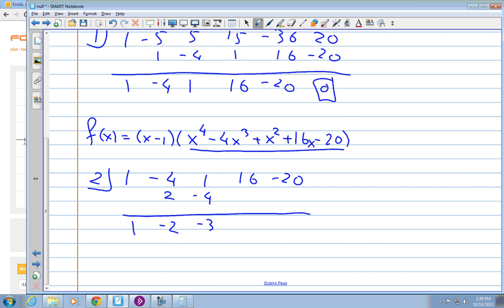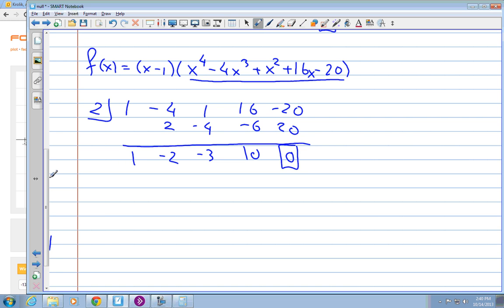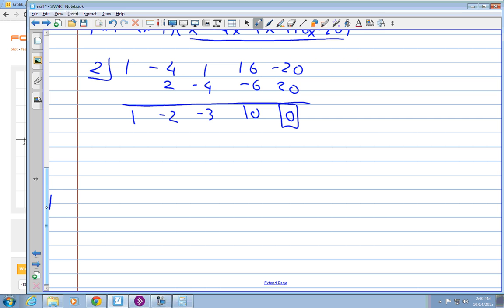Negative 3, negative 6, 10, 20, 0. So 2 worked, right? But it also looked like negative 2 is going to work. So I'm going to run negative 2 through this quotient: 1, negative 2, negative 4, 8, 5, negative 10, 0. So that's also going to work.